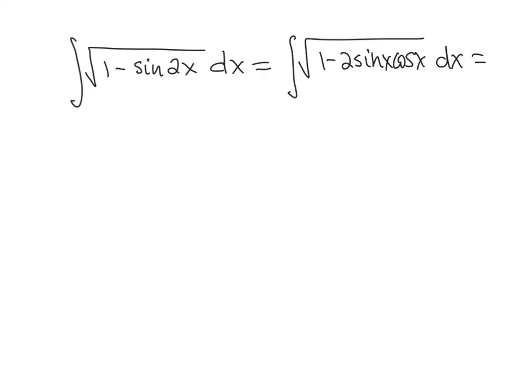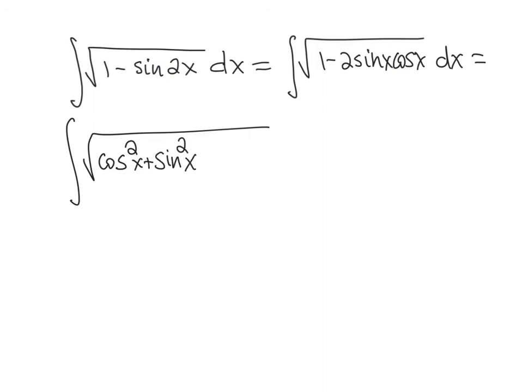Once again, we're going to replace 1 inside the square root with cosine squared of x plus sine squared of x, and then minus 2 sine x cosine x dx. Let's rearrange these one more time and then proceed to solve the problem.